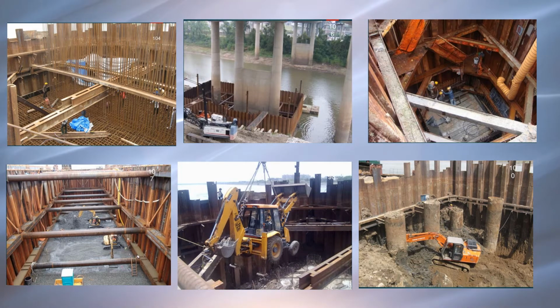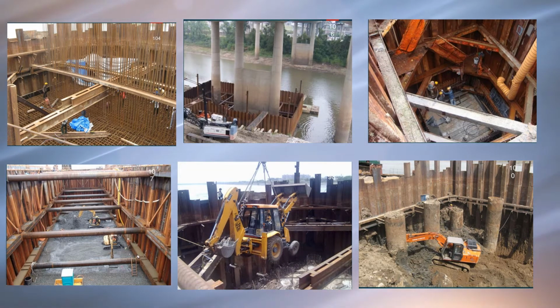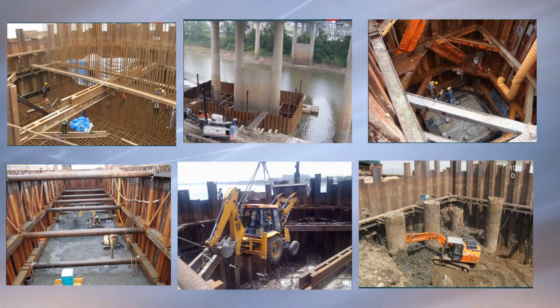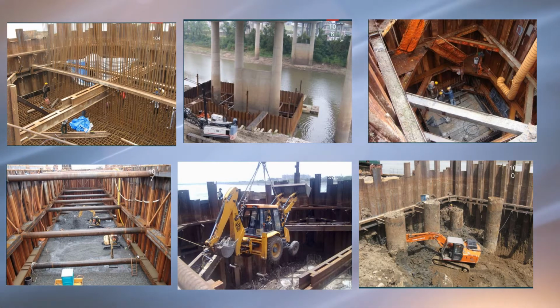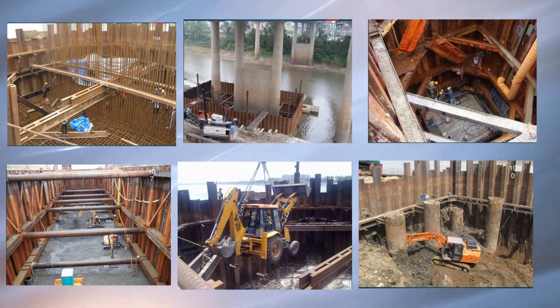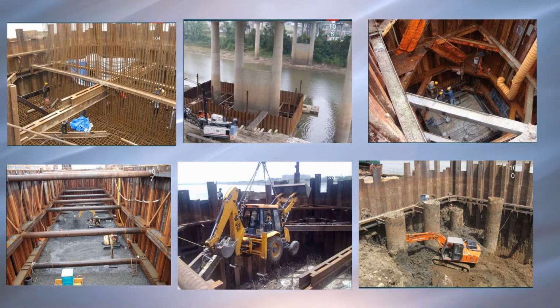This type of dam is mostly adopted in the construction of bridges, particularly in the construction of bridge piers, where the height of the water level is more than 6 meters and the construction area is small.